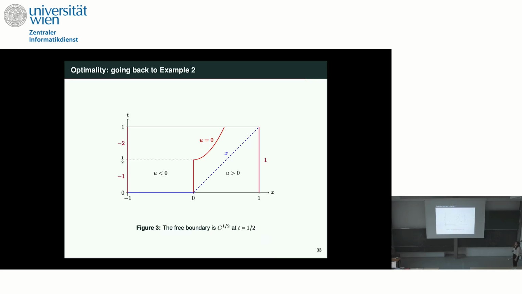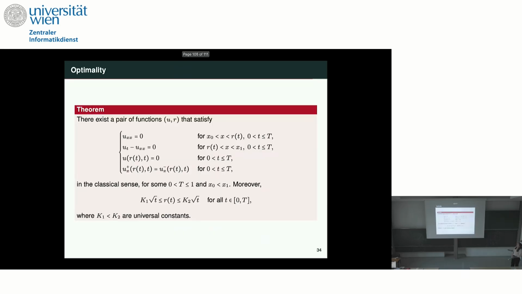We don't really prove this for this explicit example, because finding explicit solutions to the heat equation prescribing this curve here, I don't know how to do it. But we are able to show that there's a pair of functions u and R that satisfy the elliptic-parabolic problem, and R is comparable to the square root. In this construction, we prescribe this jump discontinuity. This is really what's happening.